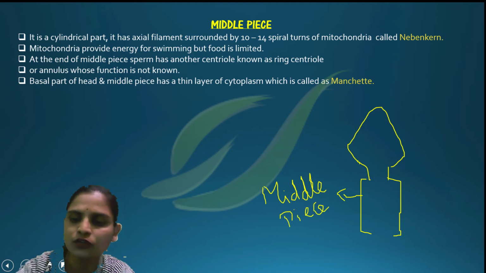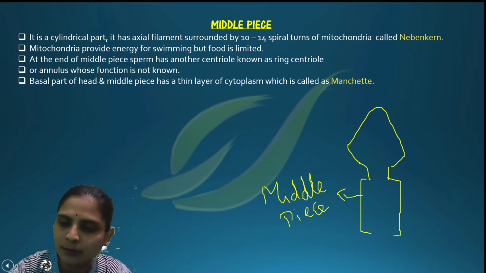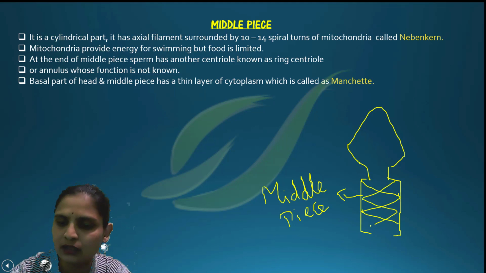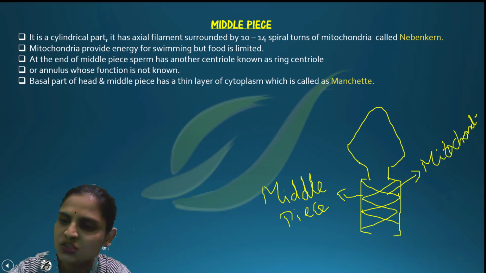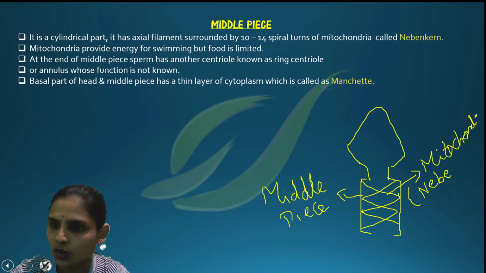The speciality of the mitochondria in the sperm is that the mitochondria form a spring-like structure. The mitochondria will be like a spring. Hence it is called the Nebenkern.